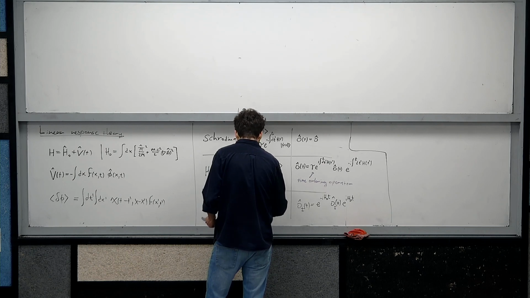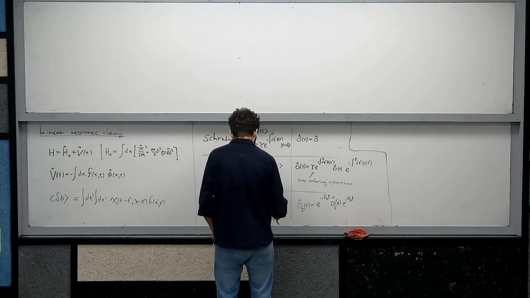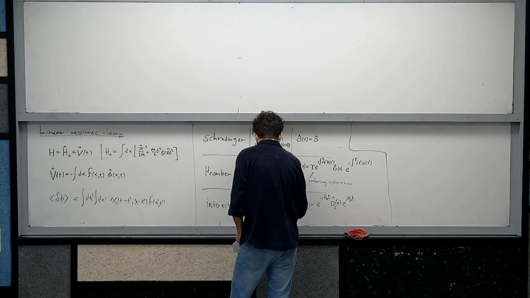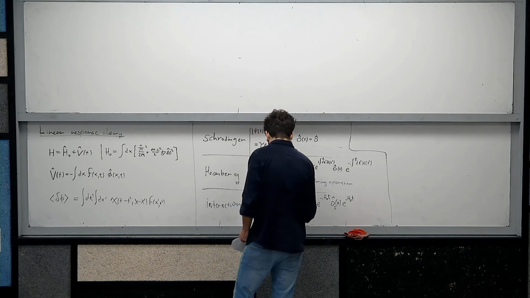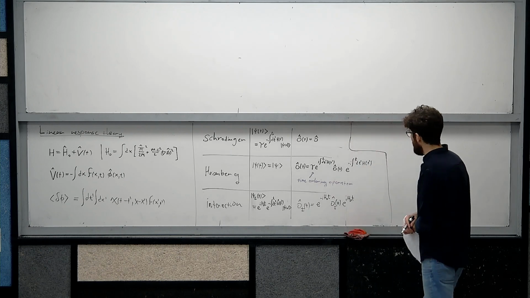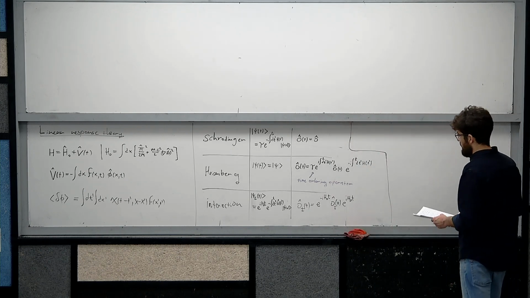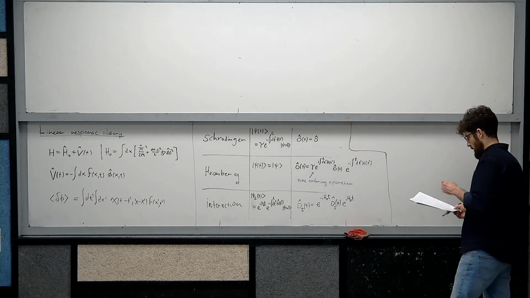Let me write it like this. So we have psi interaction of t is equal to e to the I h naught t times e to the minus I integral dt prime up to t h of t prime times psi. Okay. So these are our different pictures.